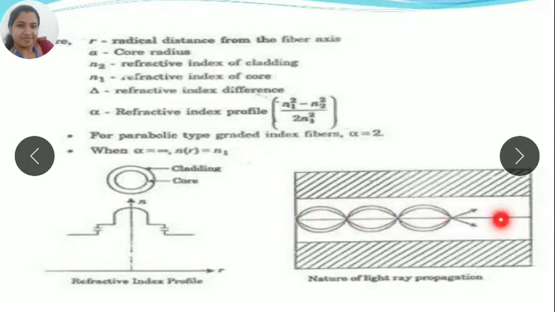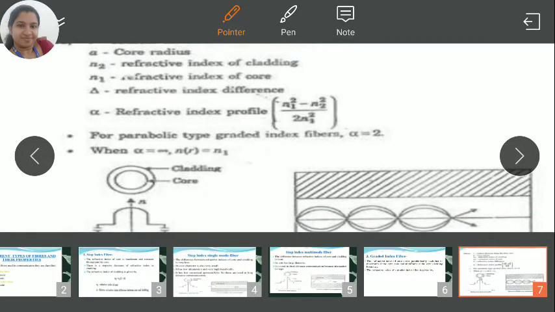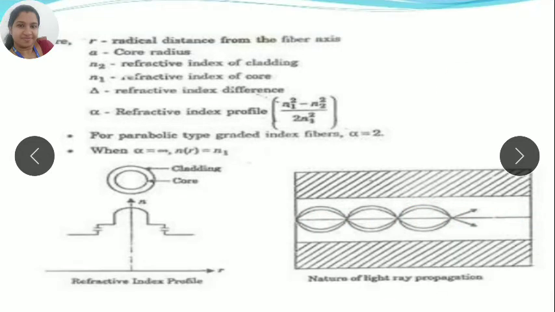At this axis and near this axis, the refractive index is maximum, and it is found to be decreasing from the center to the core-cladding interface. That means a radial decrease of refractive index from the center to the core-cladding interface.